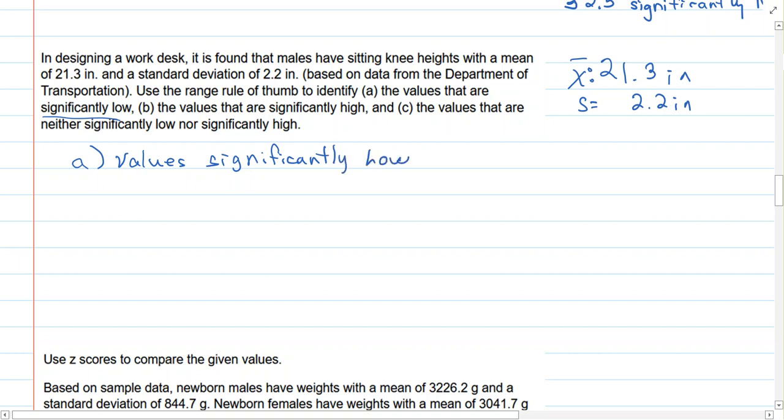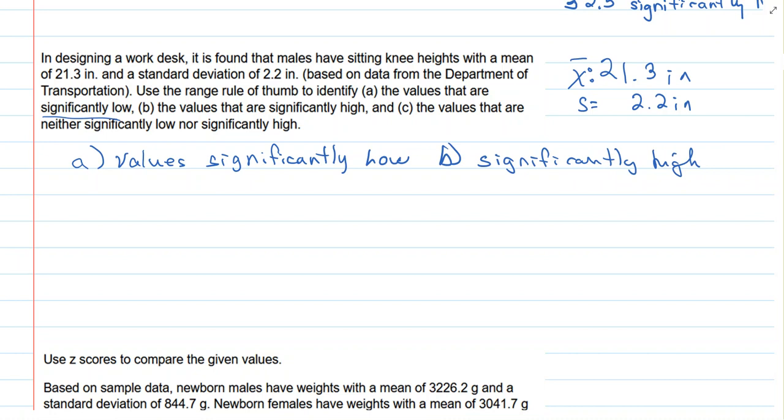All right, and then we want that's A, and the B is significantly high. Okay, so again, small math because we have what we need.